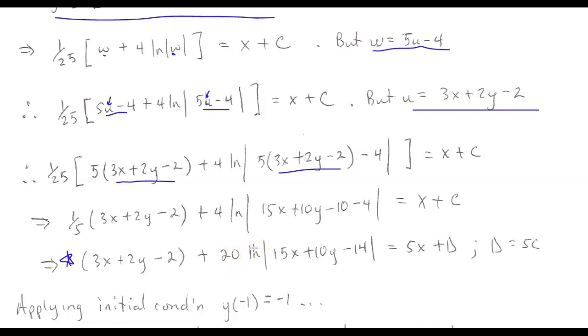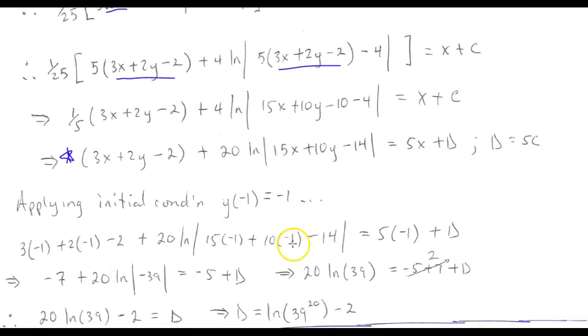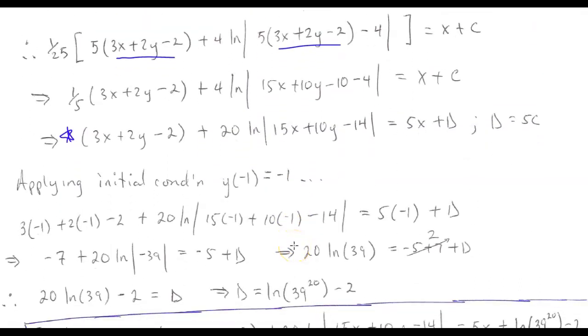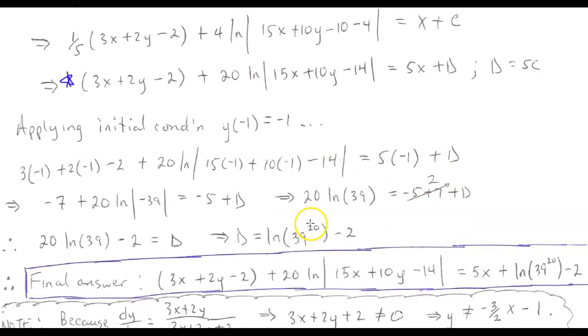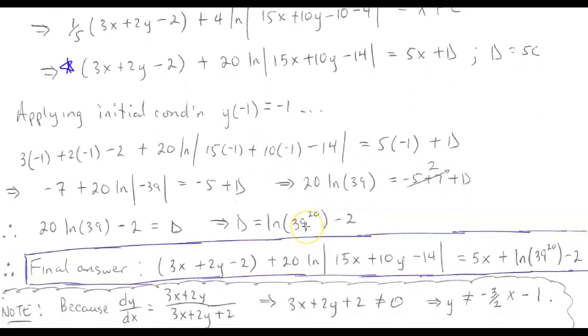Okay. So now we apply our initial condition of when x is negative 1, y is negative 1 as well. And again, all we do is just substitute in those values. Let x be negative 1, let y be negative 1 as well, and solve for d. And we see that d ends up being something that's not too pretty, but nonetheless, that's what it is.